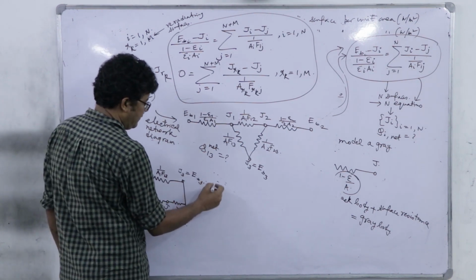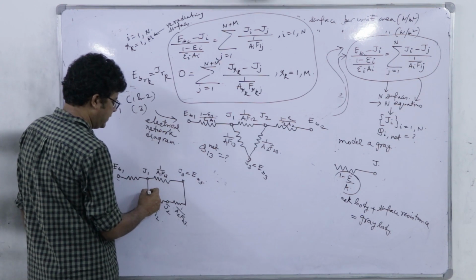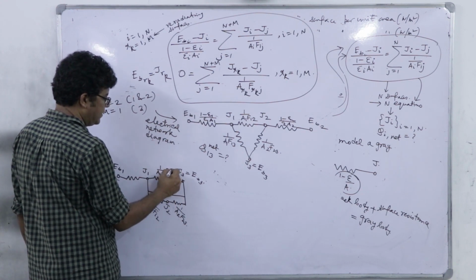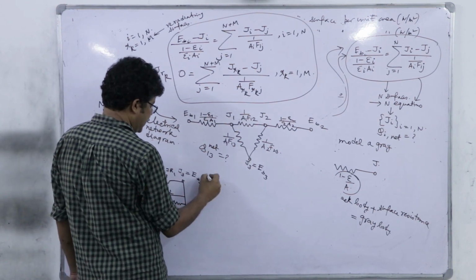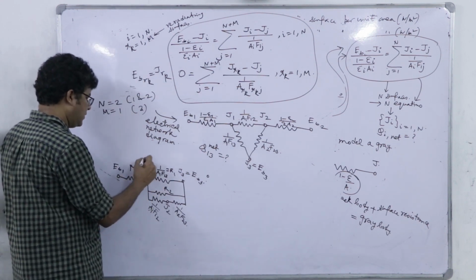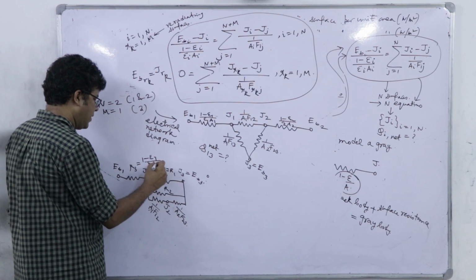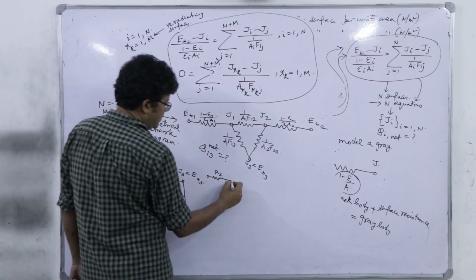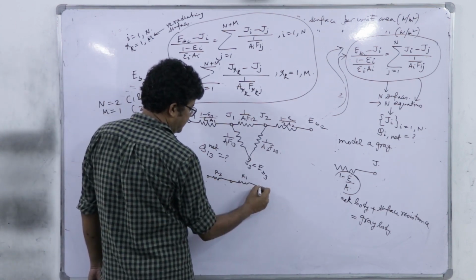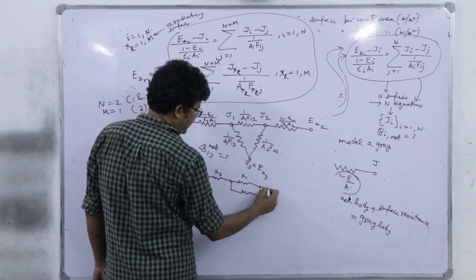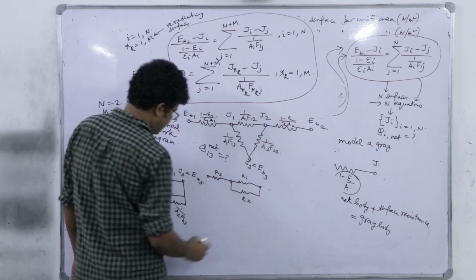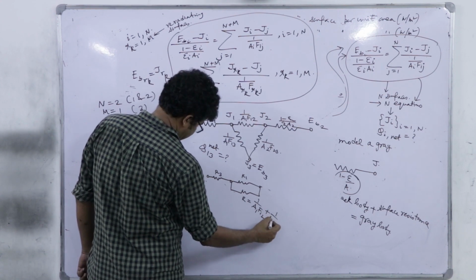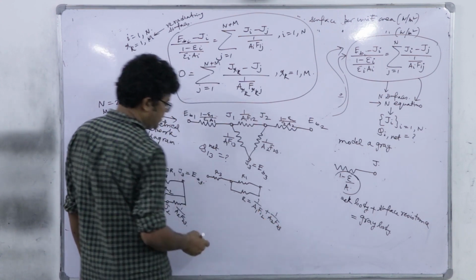Let us say this is R1, and the series combination is R, where R is equal to 1 divided by A1 into F12 plus 1 divided by A2 into F23. The surface resistance (1 minus epsilon 1) by epsilon 1 A1 is R3.